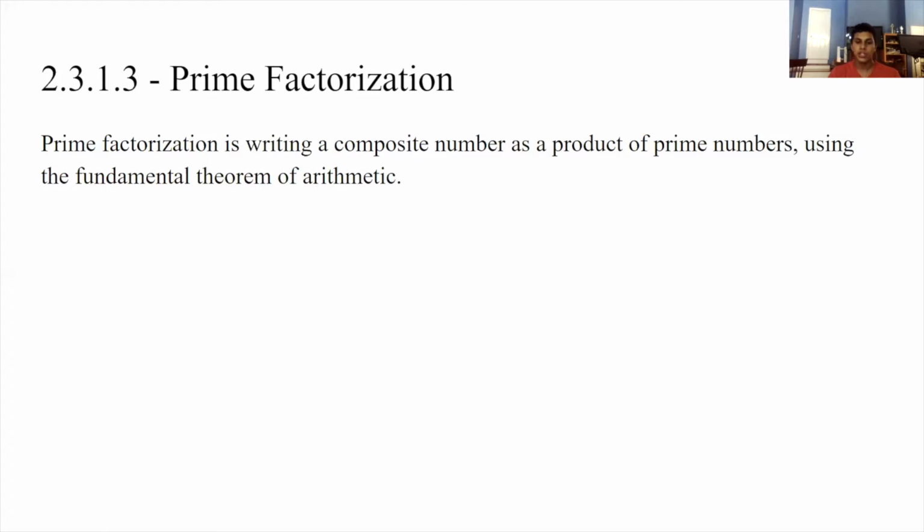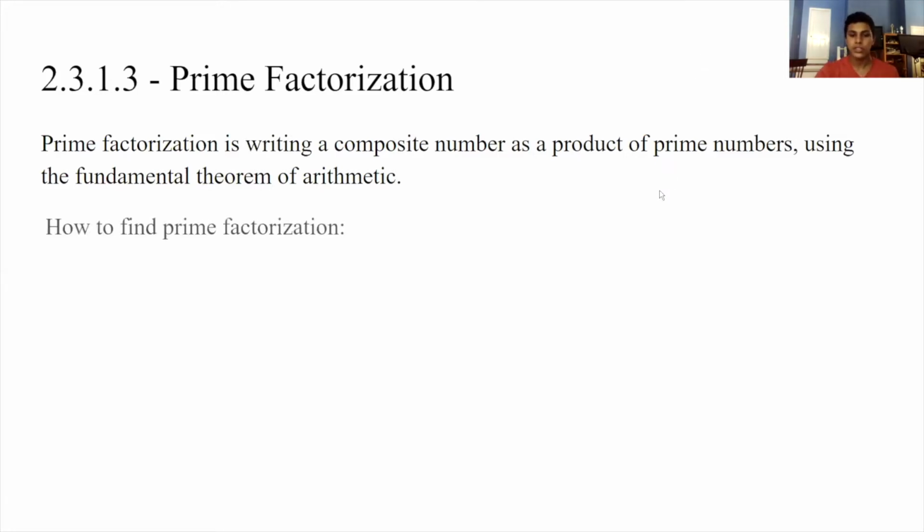Prime factorization is just actually doing that. Now, I don't think I have to explain any more about what prime factorization is. I already gave you some examples when I was talking about the fundamental theorem of arithmetic. For example, the prime factorization of 4 is 2 times 2, because the breakdown of 4 into only prime numbers is 2 times 2. So now I'm going to show you how to find the prime factorization of any number.